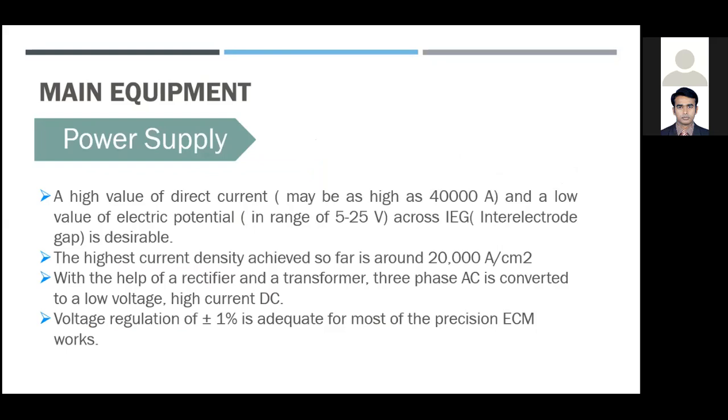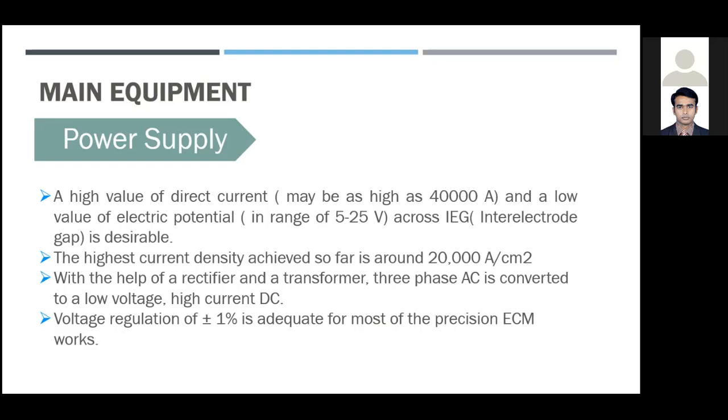For power supply, a high voltage direct current, basically as high as 40,000 ampere, and a low value of electric potential across the inter-electrode gap is desirable. The highest current density achieved so far is 20,000 ampere per centimeter square.